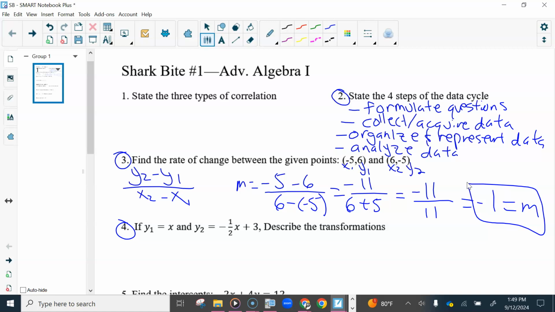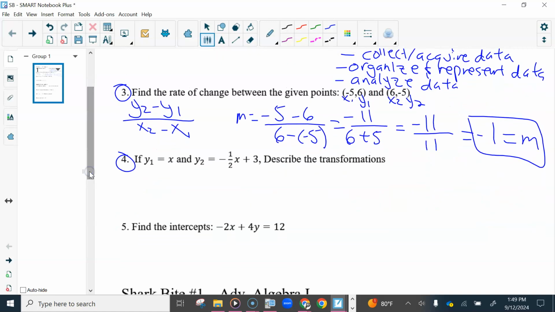Okay, questions on that one? Is that the number 3? Yeah. And then in number 4, we have to describe the transformations. We started with y1 equals x, and now we're at y2 equals -1/2 x plus 3. There are 3 things that occurred.